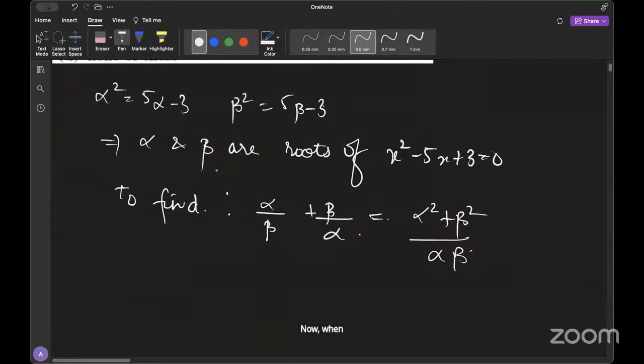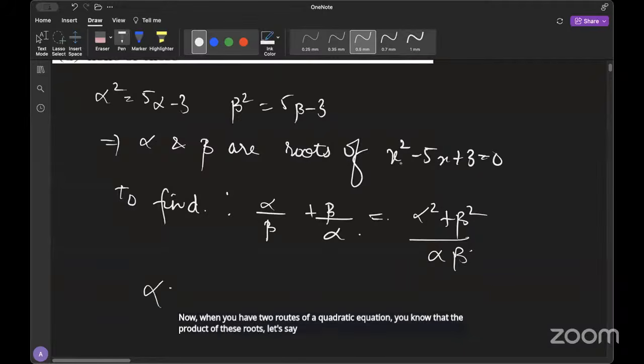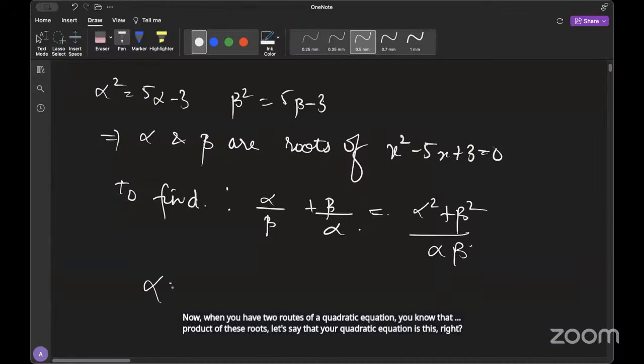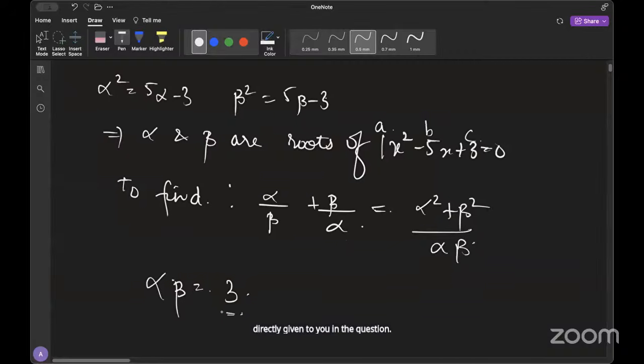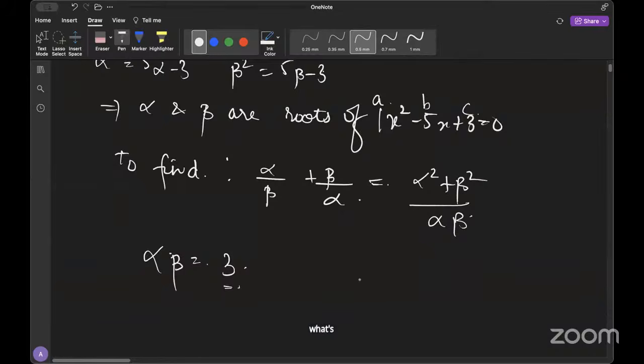Now, when you have two roots of a quadratic equation, the product of these roots is c by a, where a is 1, b is minus 5, and c is 3. So c by a becomes 3. So the product alpha beta is directly given to you in the question: alpha beta should be 3. What's not given is alpha square plus beta square.